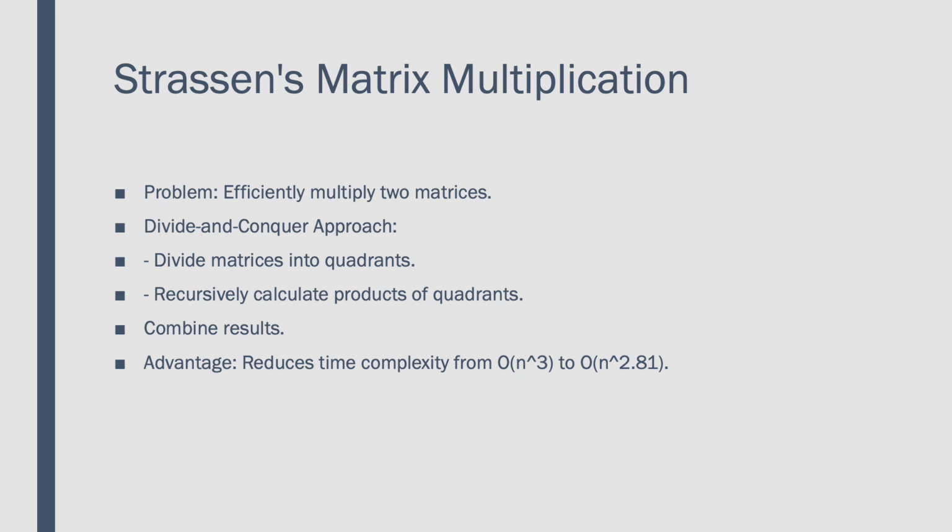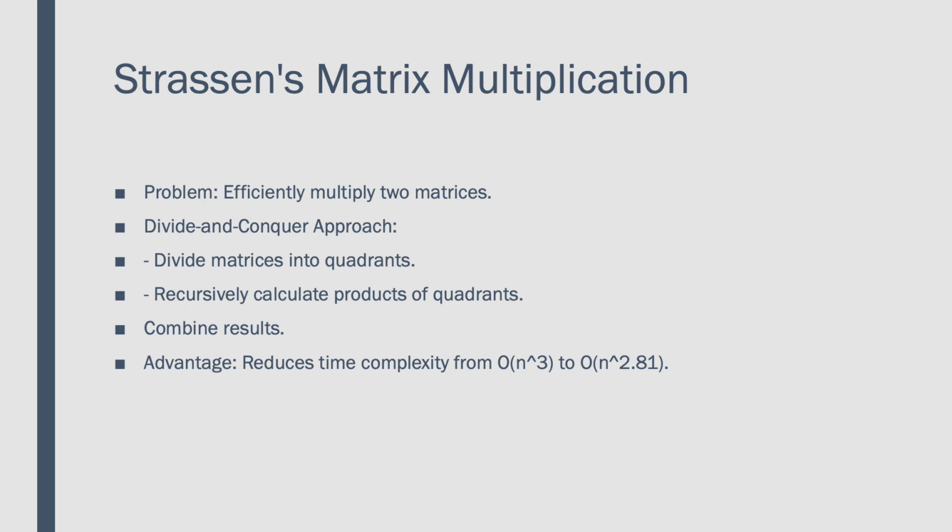Now, this approach improves time complexity. So the traditional matrix multiplication takes big O n cube, and Strassen's algorithm reduces it to approximately big O n^2.81, making it significantly faster for large matrices.